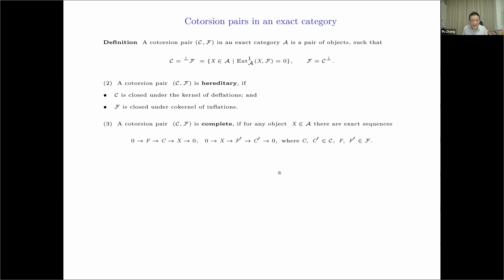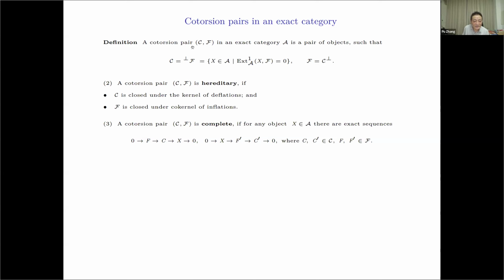Then the main problem is how to construct model structures, especially exact model structures. This is closely related to so-called cotorsion pairs, as you know.